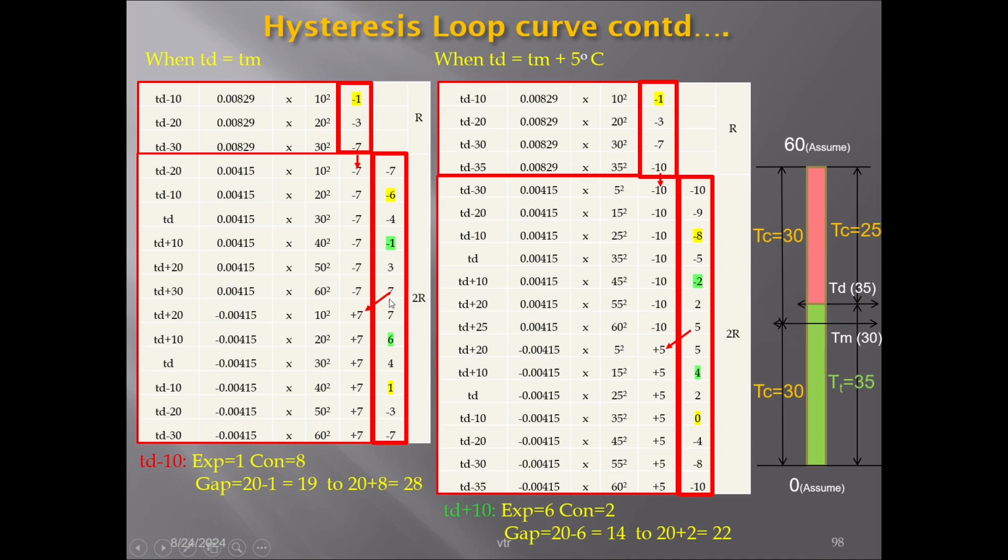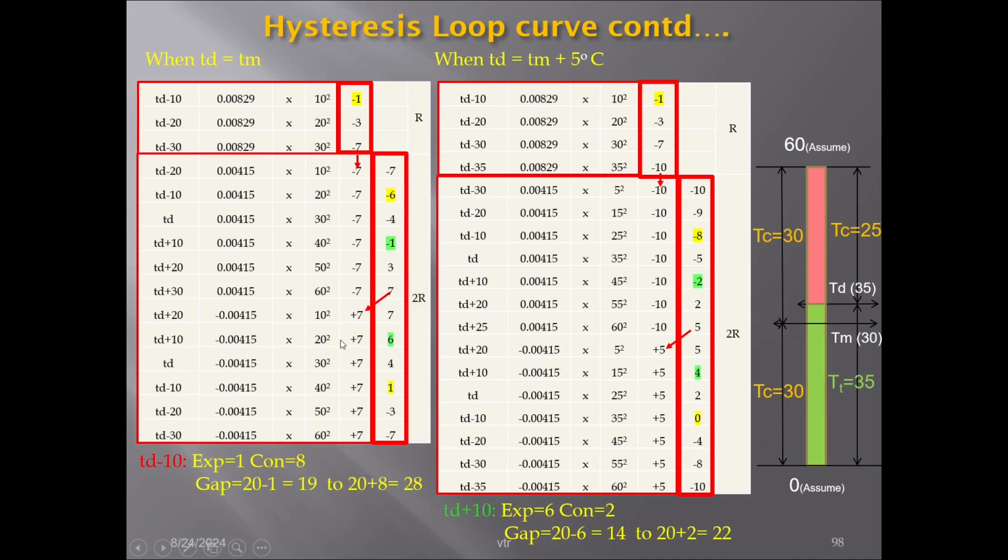After that the temperature falls from T maximum towards T minimum. So a 10 degree decrease from TD plus 30 to TD plus 20. With the 10 degree decrease, plus 7 minus this one, this is minus 1. Because of the minimum, the same value we got, 7.